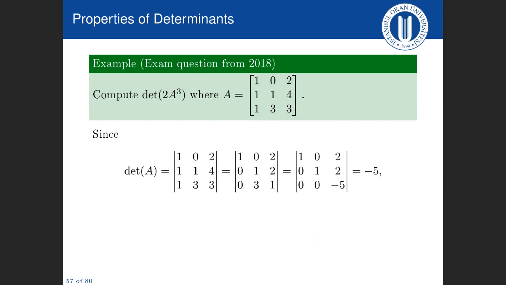And then we want to calculate the determinant of 2A cubed. Well, the first idea is if we have a number 2, we can take it outside of the determinant as long as we do it to the power of n, if we have an n by n matrix. Here we have a 3 by 3 matrix. So if we take the 2 outside of the determinant, it has to become 2 cubed.